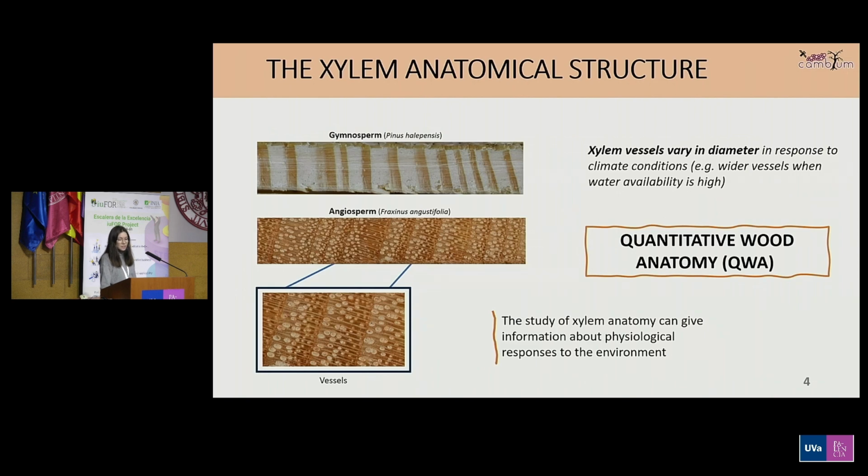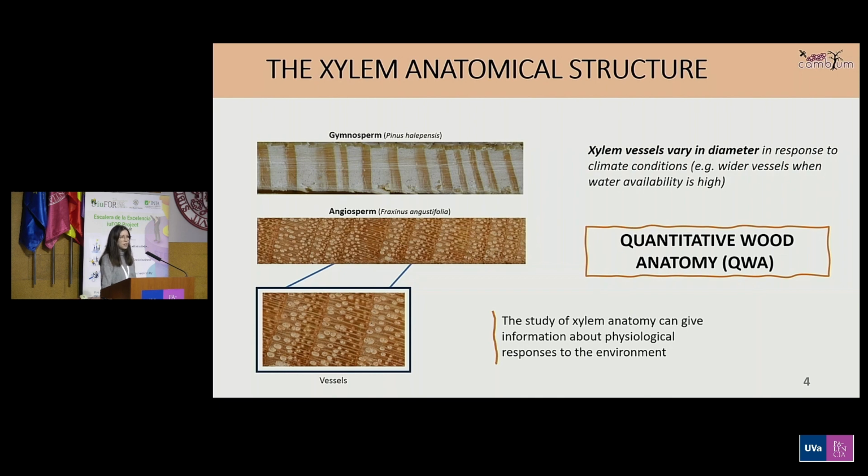The xylem anatomical structure is also influenced by environmental conditions during its growth. Xylem is composed of different types of cells that are responsible for the transport of water and also for giving support to the tree. One of those cells are vessels, which are present in angiosperms, but not in gymnosperms.